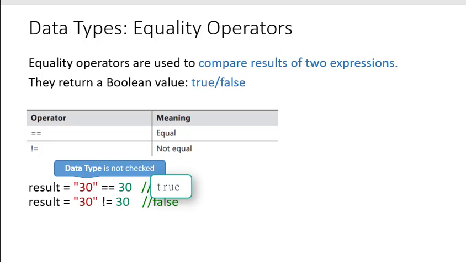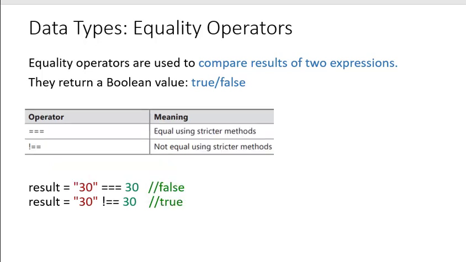But unfortunately, these operators do not test the data type of the expression. For example, here I have compared a string with a number. But the equality operator produced the true result. So another set of operators were introduced which also tests for the data types of the expressions.